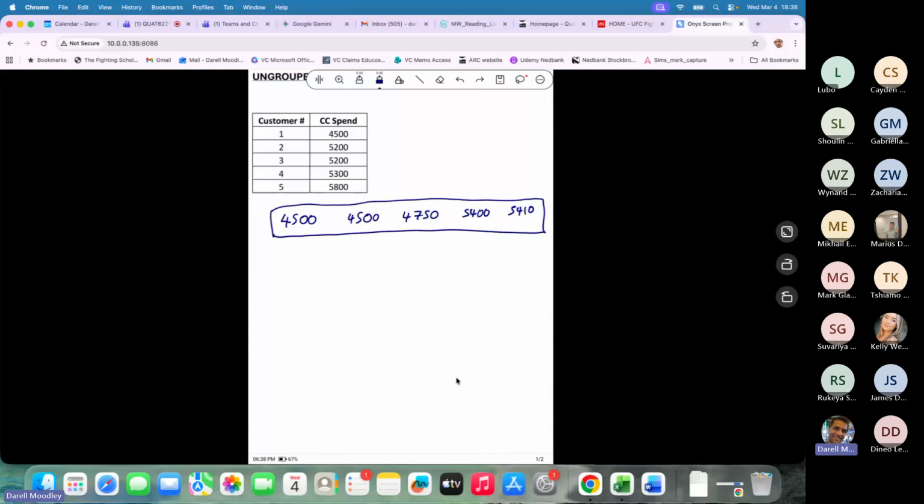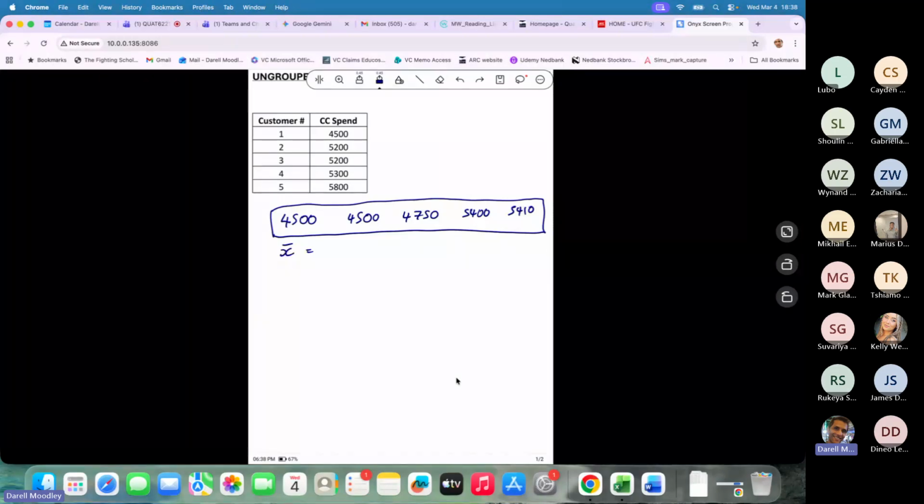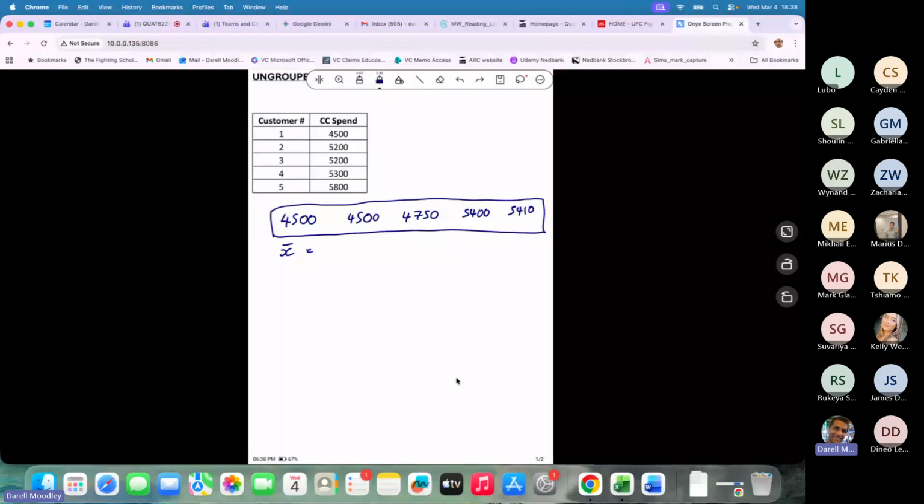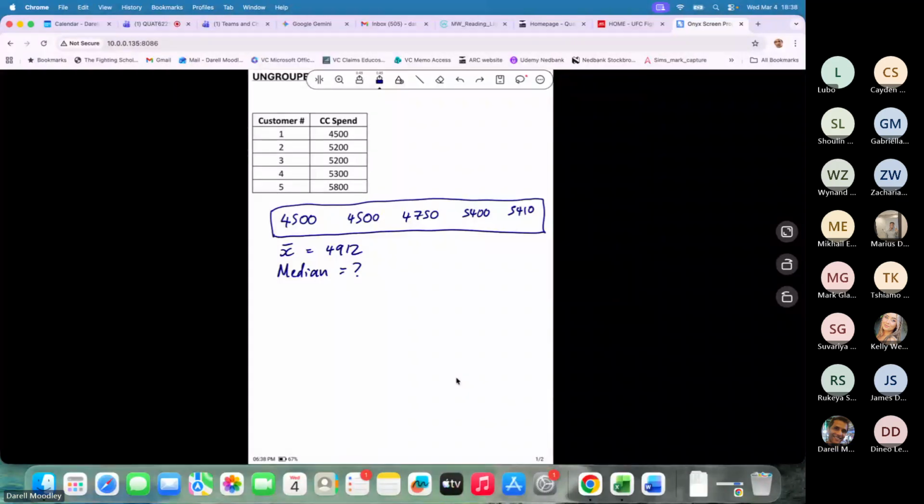You'd have to work out the mean, the median, and the mode. So I'm going to just work out the mean for you and give it to you. What I want you to do is work out the median and the mode. Your mean is 4912. What is the median? What is the mode?